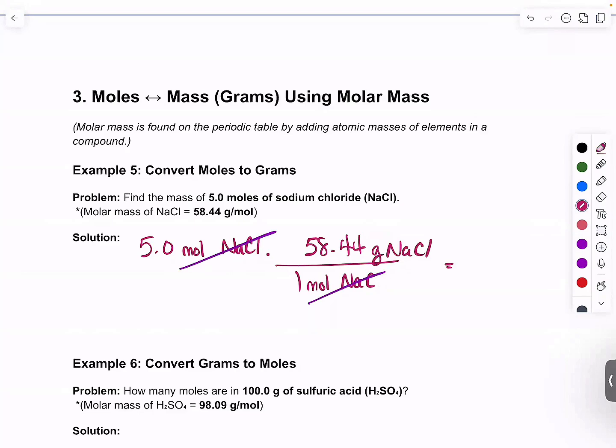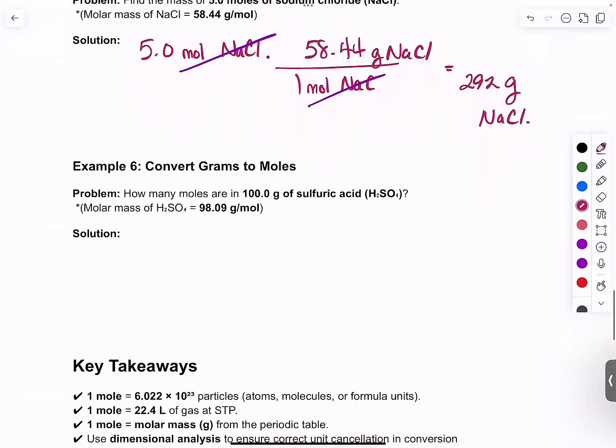And we're just taking 5 moles times 58.44. I'm just going to put 292. So if I have 5 moles of NaCl, that's our sodium chloride, I know I have 292 grams of salt.